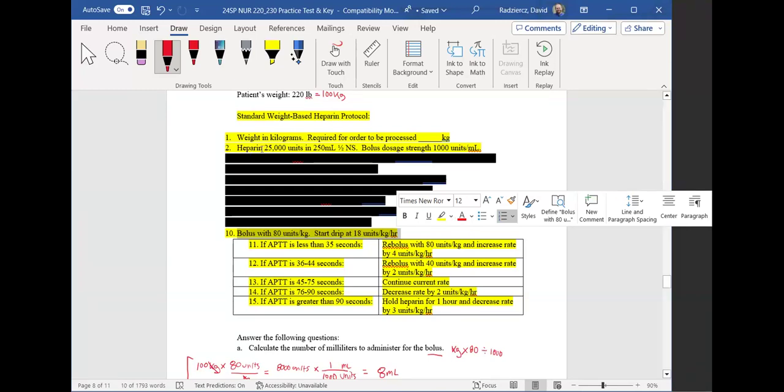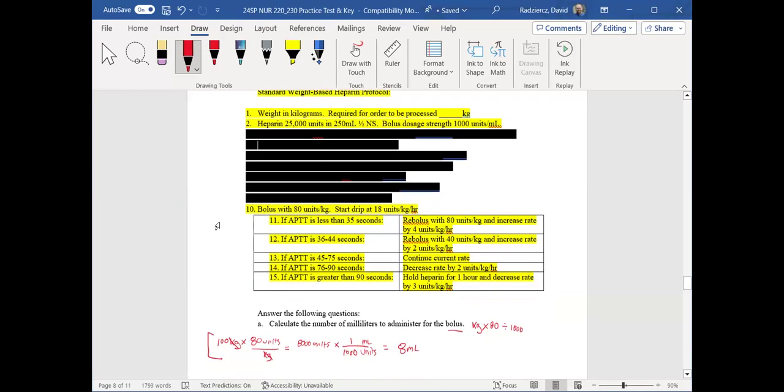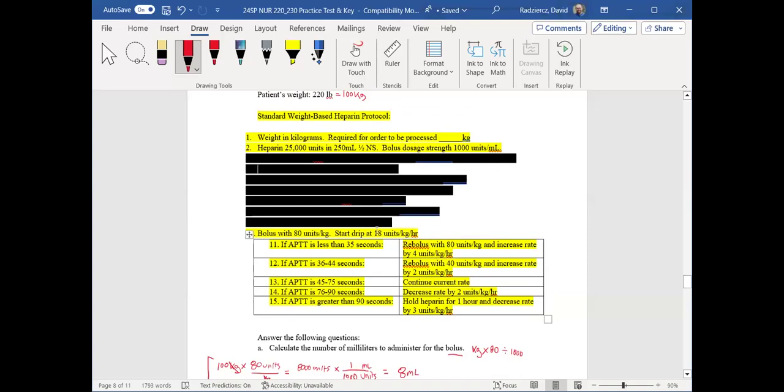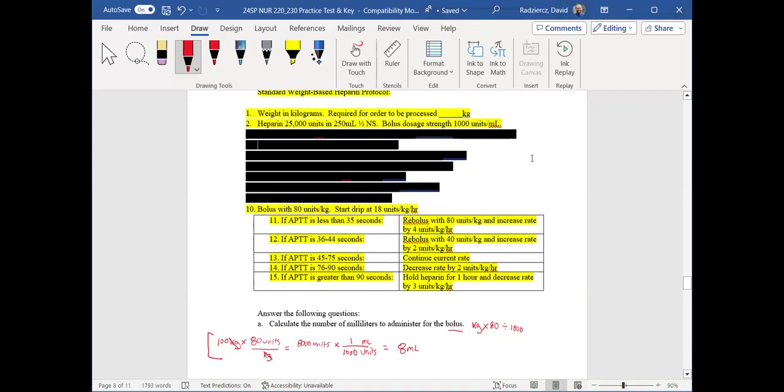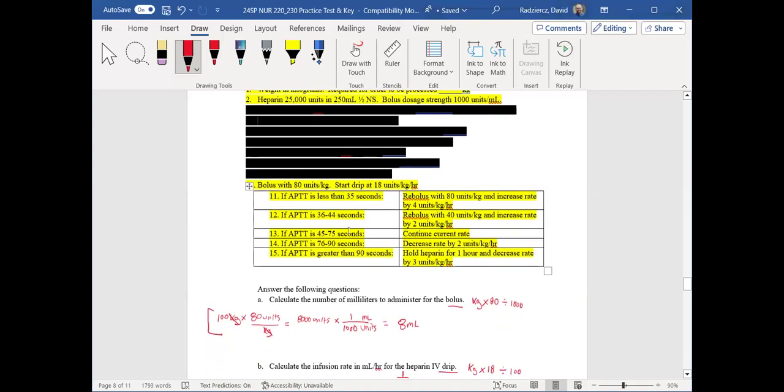Then you're going to just solve for the bolus, solve for the heparin drip, and then you might see a question where they ask this. I don't think they're going to ask you this, but if you do, we went over that, where you just look at after 6 hours, you're going to reassess. So I think that's what you're asking me, Lauren.